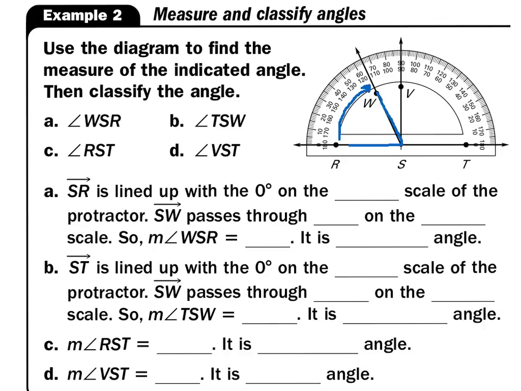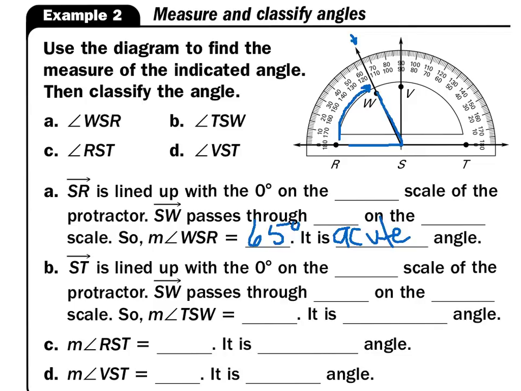So it's under 90, so we're going to use a small scale. So we look up here, and this is about 65. So it's under 90, so it's an acute.